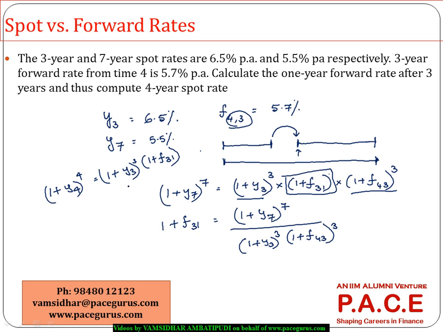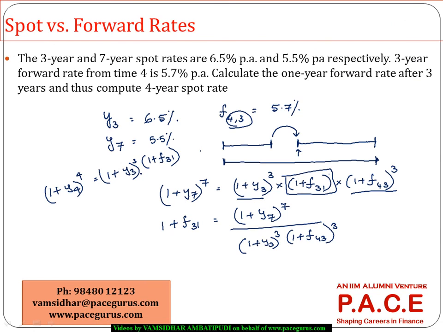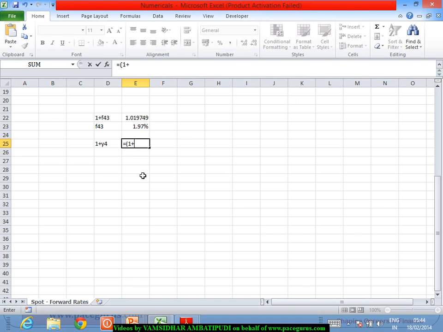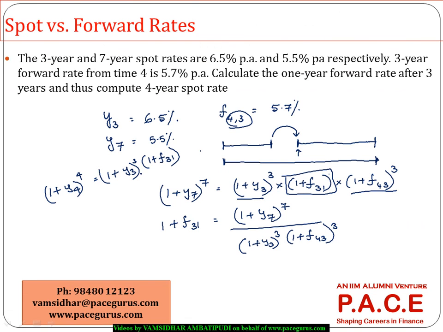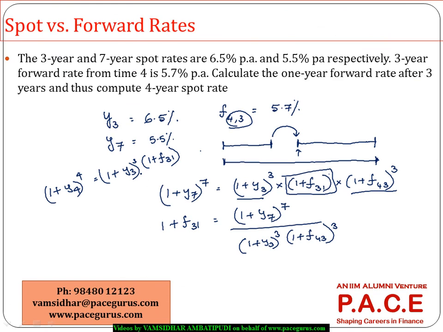So we have 1 plus y3 cube, we have 1 plus f31, so 1 plus y4 we can easily compute. So 1 plus y4, I can directly find out 1 plus y3 cube. Y3 is 6.5%, 1 plus 6.5% cube multiplied by 1 plus f31.